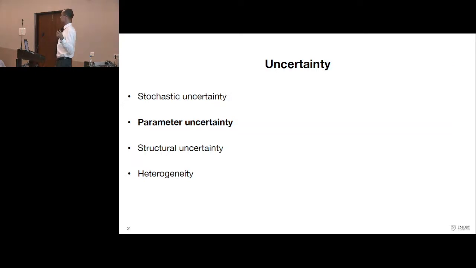There's also structural uncertainty, which is the uncertainty stemming from the way you set up the model. In our example, we had 3 terminal states: healthy, flu in the outpatient setting, and flu in the inpatient setting.